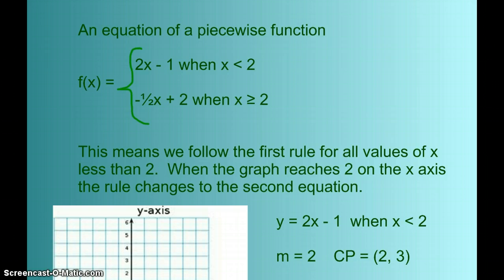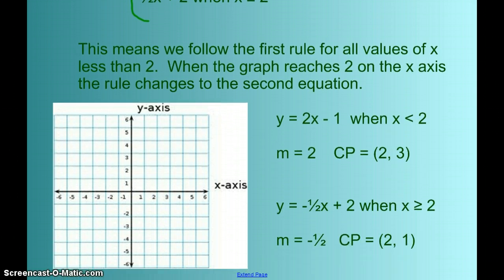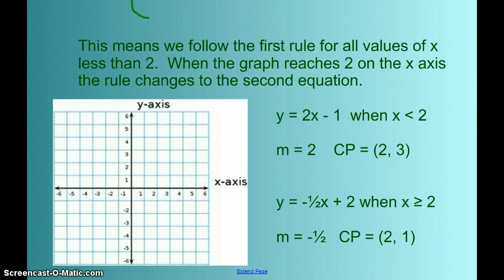Once we get to that point, when x is 2, our rule or our plan is going to change. We're going to have a jump in our graph, and we're going to see a change at 2. After you pass 2 on the x-axis, our graph is going to follow the rule y equals -1/2 x plus 2. So let's look at what this looks like on a graph. Our first equation here is y equals 2x minus 1 when x is less than 2.